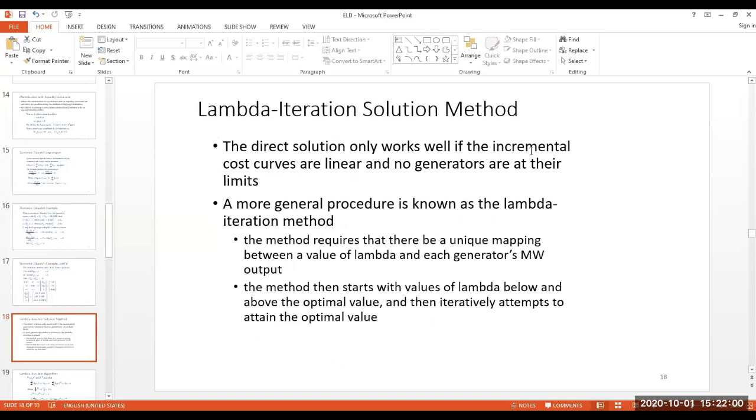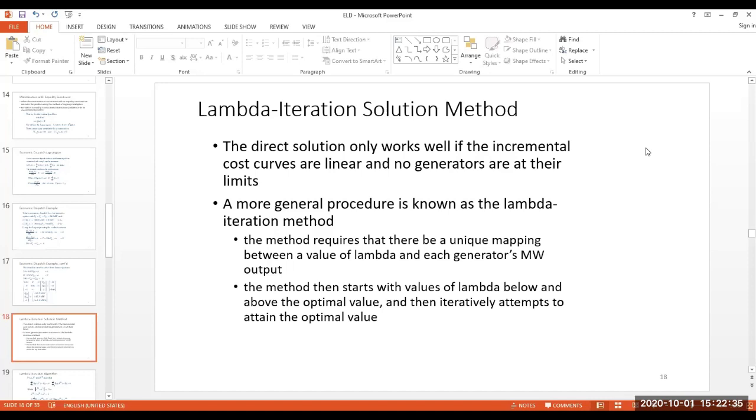So it is always a good idea to have different techniques in your armory, so that you can apply them to more generalized problems. Let's go through this process now. Because it is an iterative technique, we will first assume different values of lambda, and then go through very few steps.